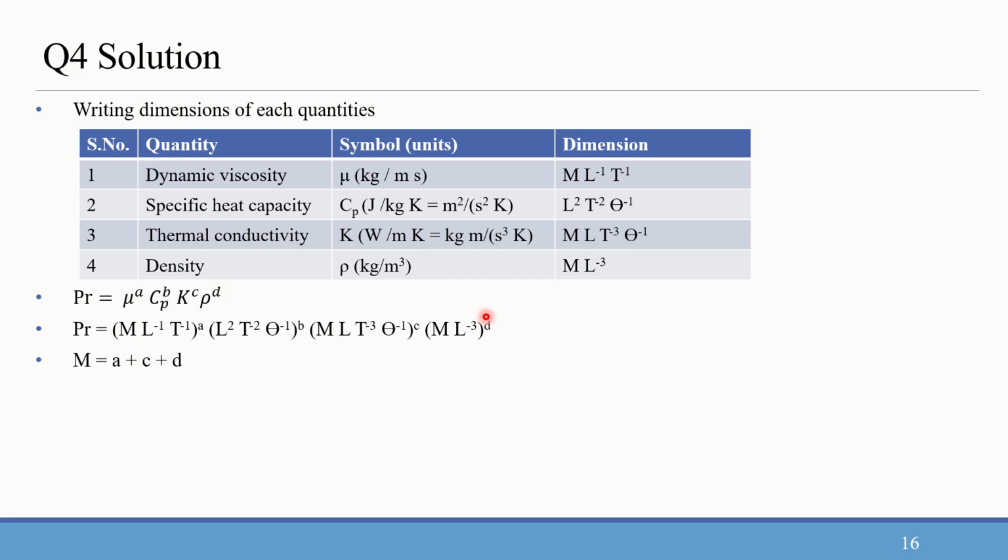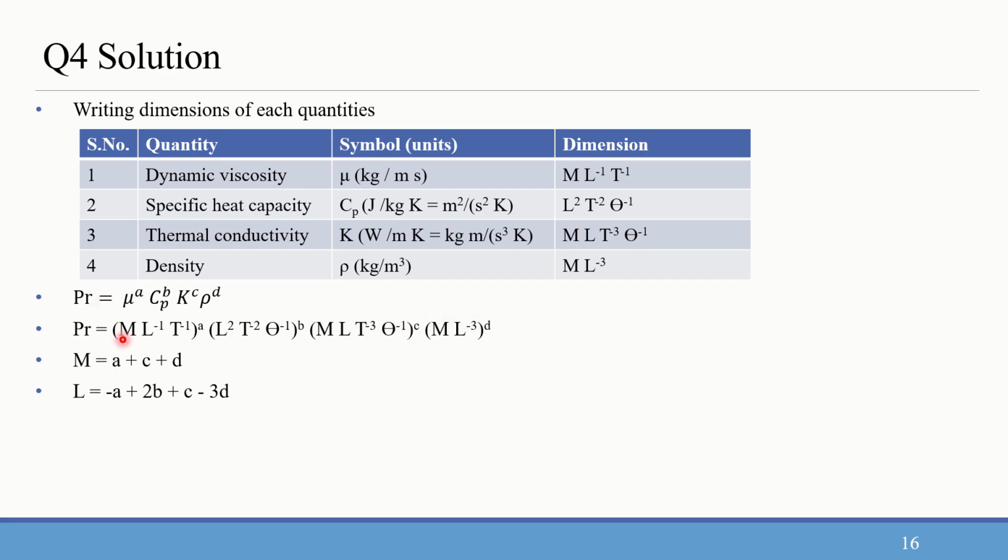Now, like the previous question, we are just equating powers. For M, what powers did we get? We got 1 for a, 1 for c and 1 for d, so it is a plus c plus d. For L, it is minus a plus 2b plus c minus 3d.